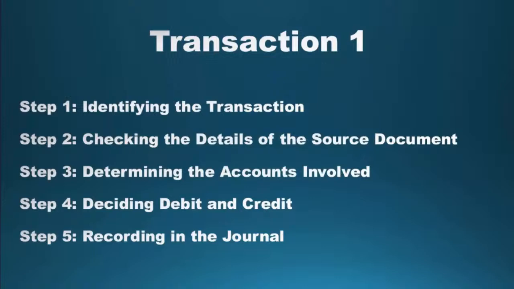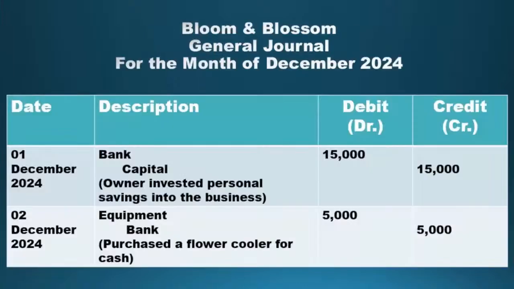Step 5. Recording in the journal. Finally, we record this transaction in the journal. The journal is the first place where transactions are officially recorded, and it shows both the debit and credit sides of the transaction, along with a brief explanation. For this transaction, the journal entry would look something like this. Date.